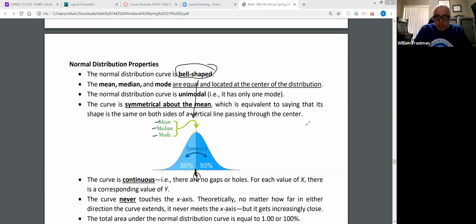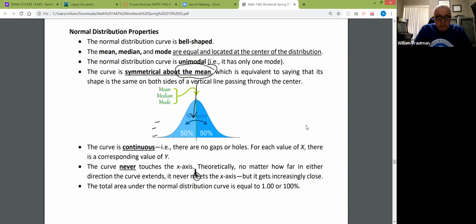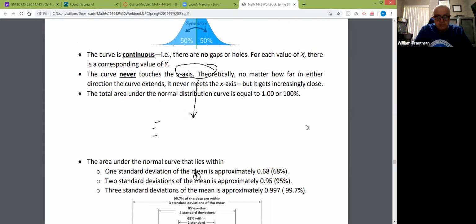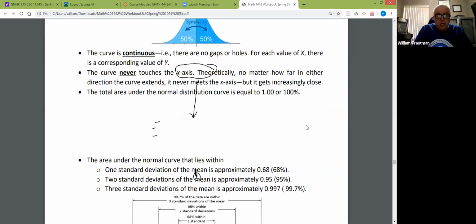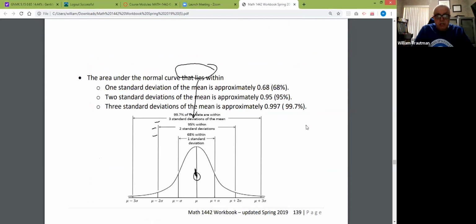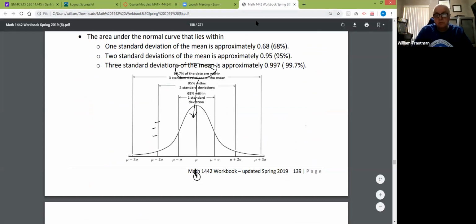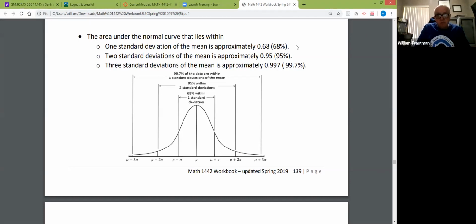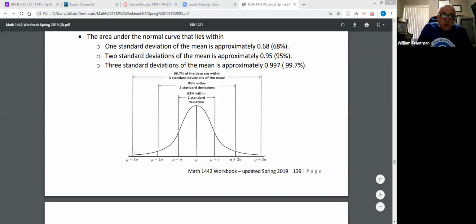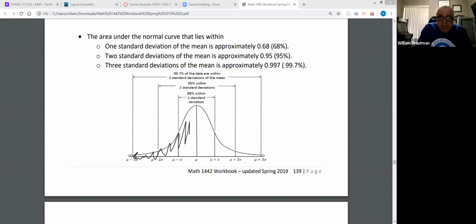What else do we need to know? Let's scroll down a little bit. We're going to take a look at the normal curve here. If you add up this, that's 50% of the curve.